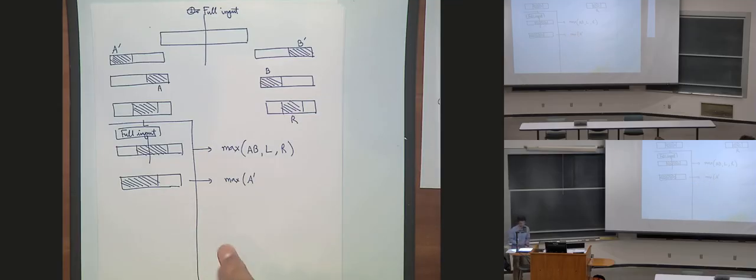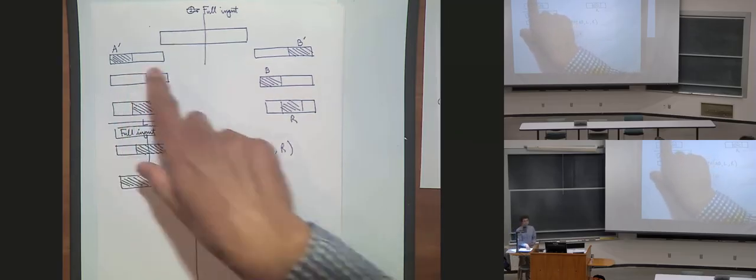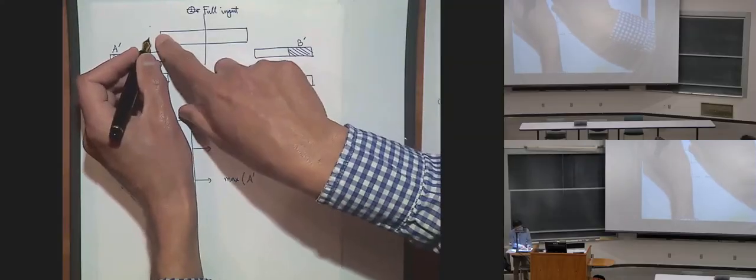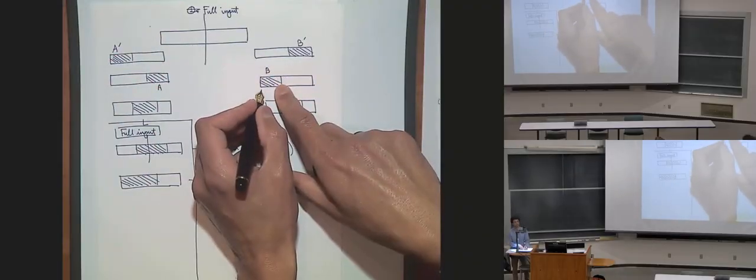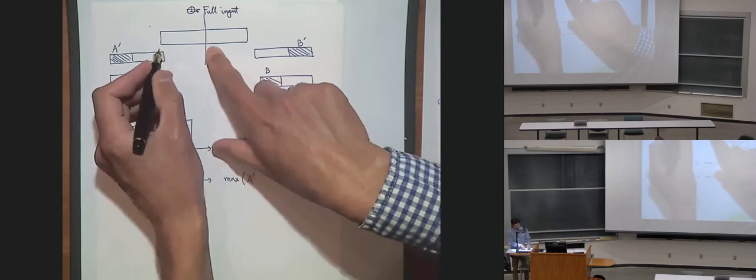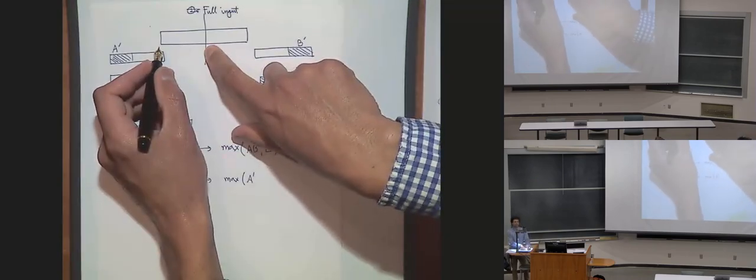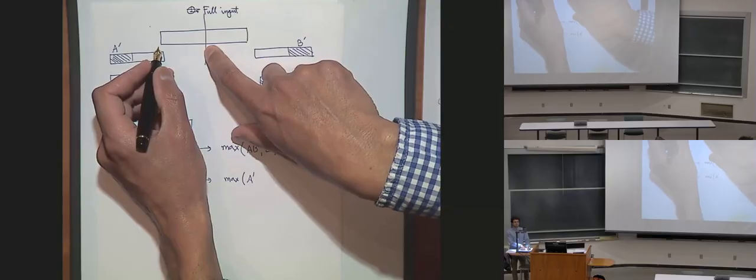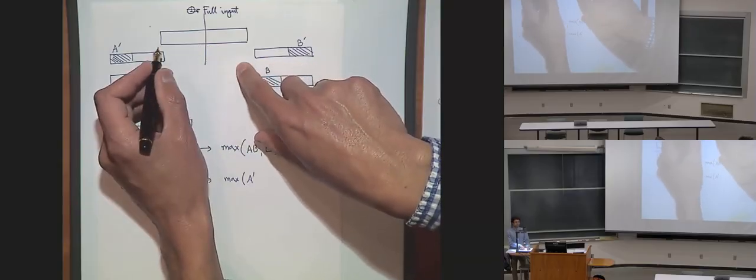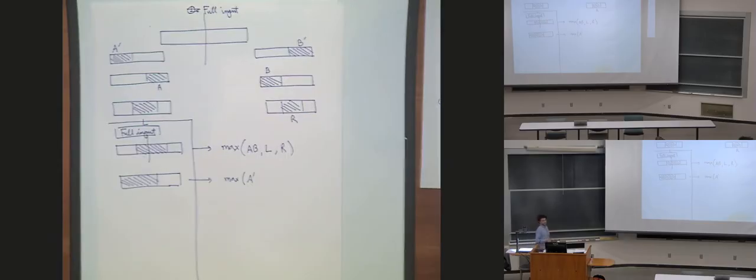Good. So it's a max of A prime and the max of multiplying everything here times B. How do I get that? I could actually just ask the recursive procedure to send it, and then just send it further on.